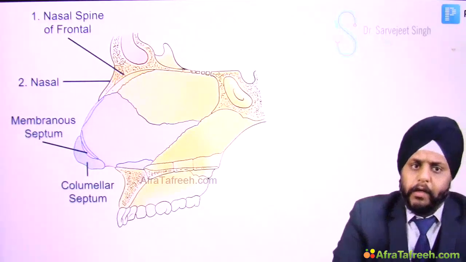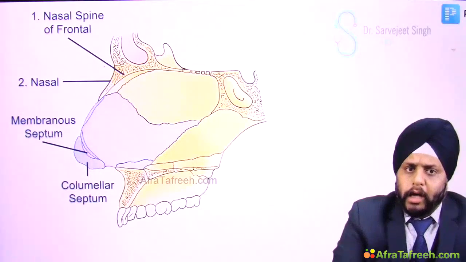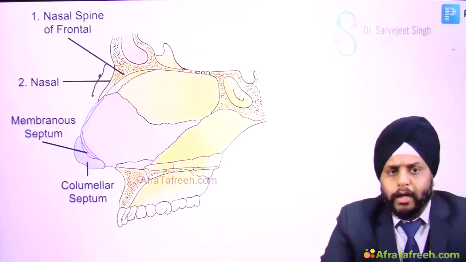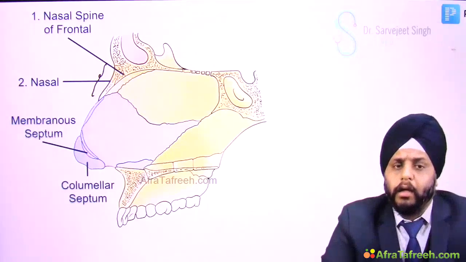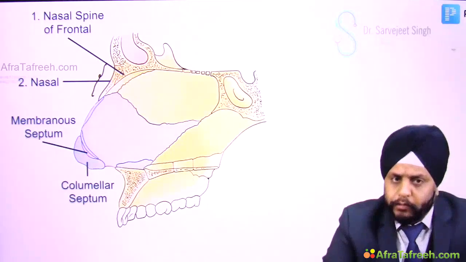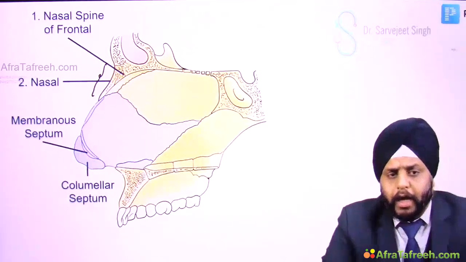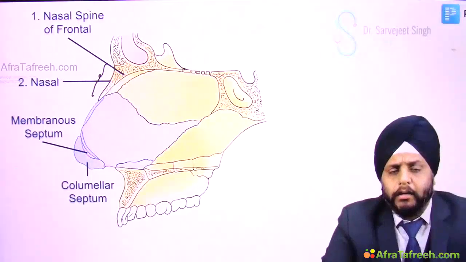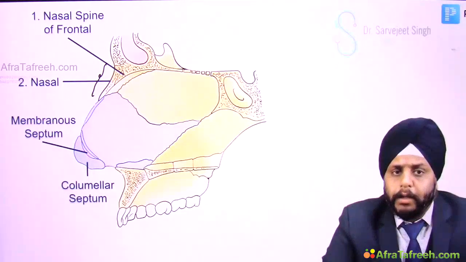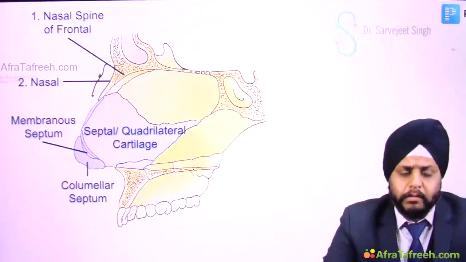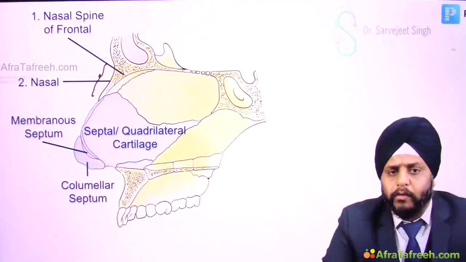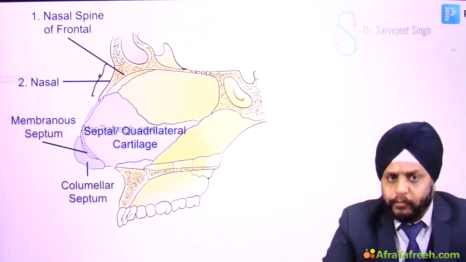Remember, the nasal bone occupies the upper 1/3, and the lower 2/3 of the external nose is formed by the cartilaginous structures: the upper lateral cartilage and the lower lateral cartilage, and these are supported by the septal cartilage. Remember the midline septal cartilage is also known as quadrilateral cartilage.